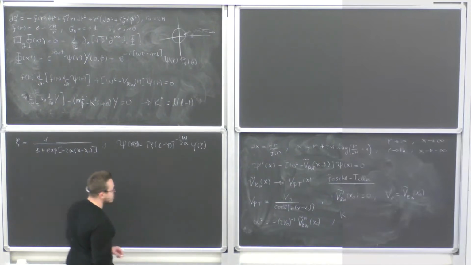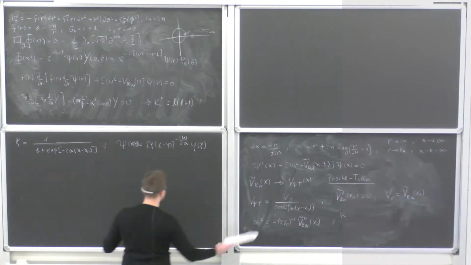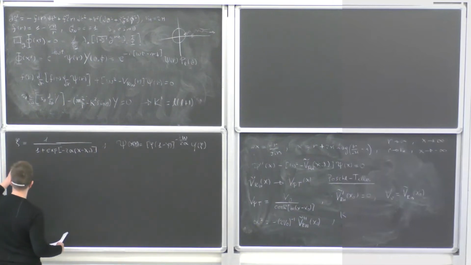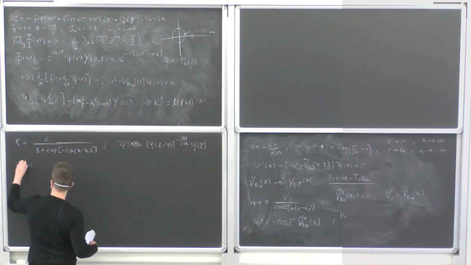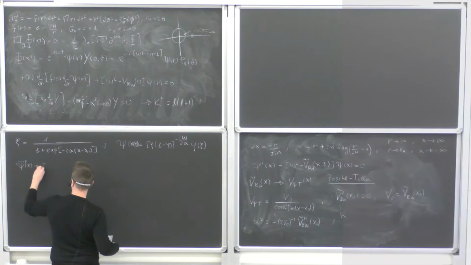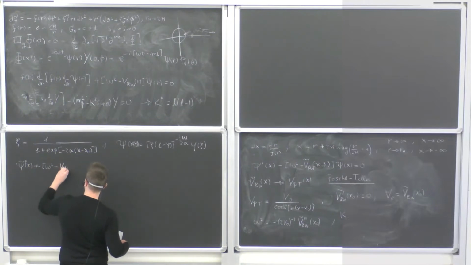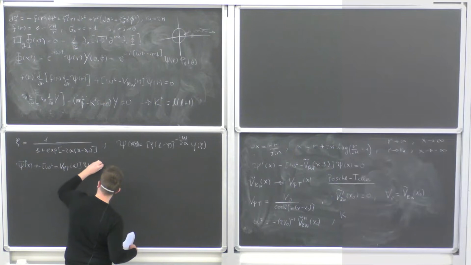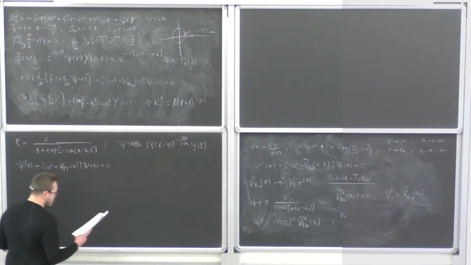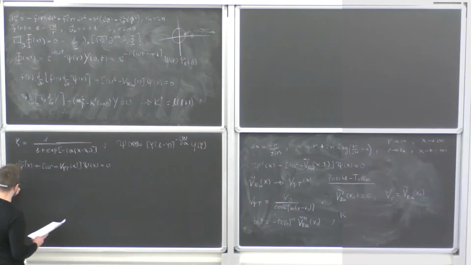The differential equation, which is this one, psi tilde of x, second derivative, plus omega squared minus the potential, becomes the standard hypergeometric equation.